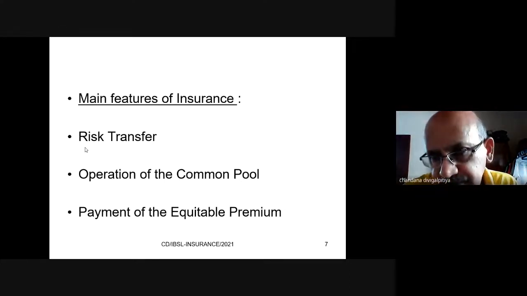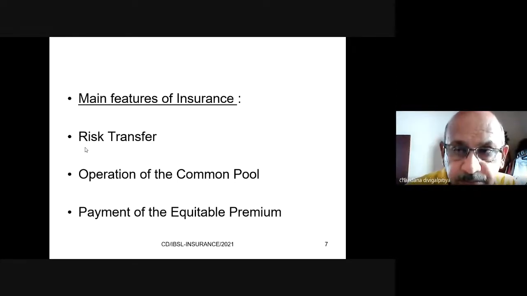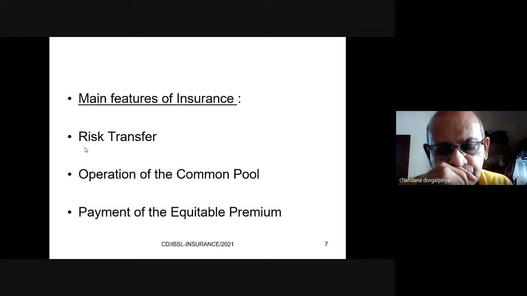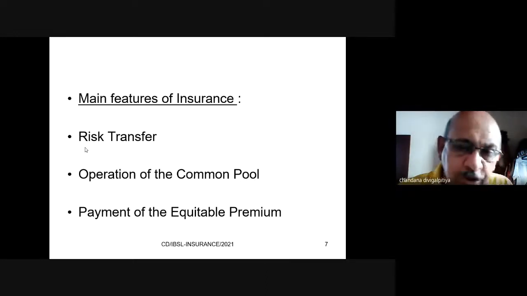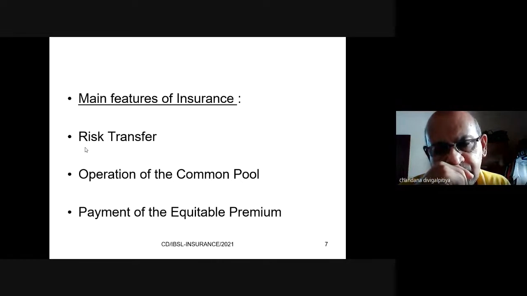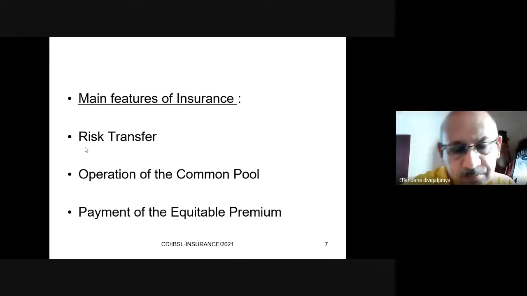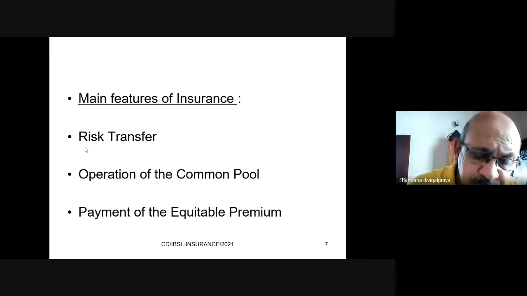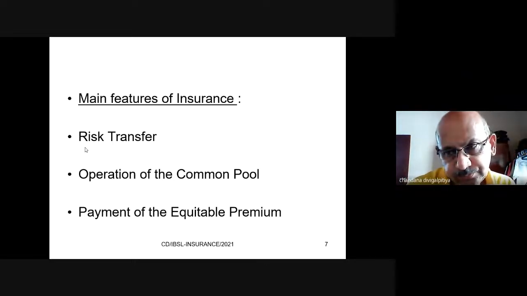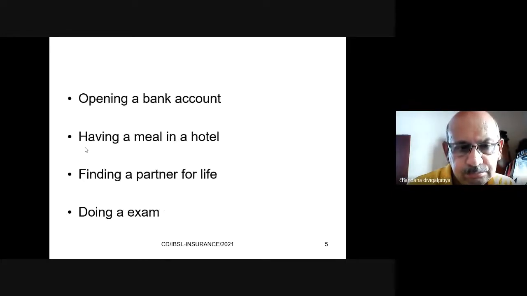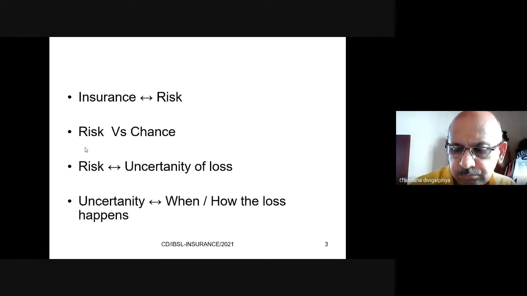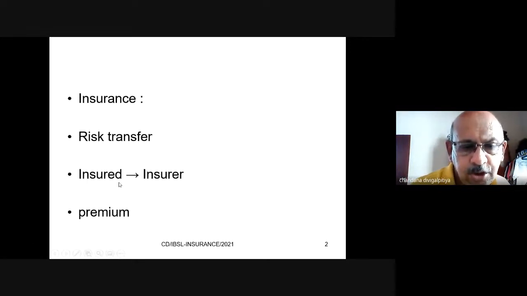Simply, we take a more common example, motor car. When you buy a motor car, the law says minimum third-party insurance. But leaving that aside, we say full insurance. In a full insurance, what is the risk the insured is going to transfer to the insurer?